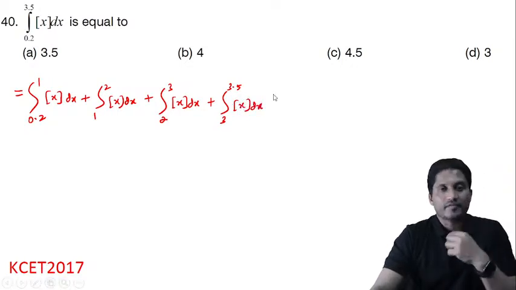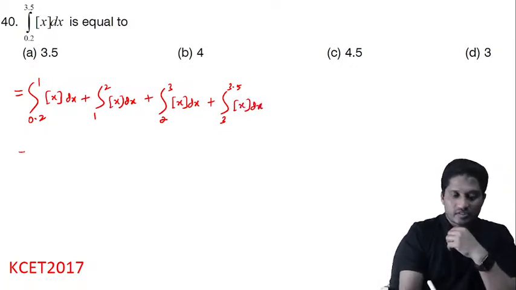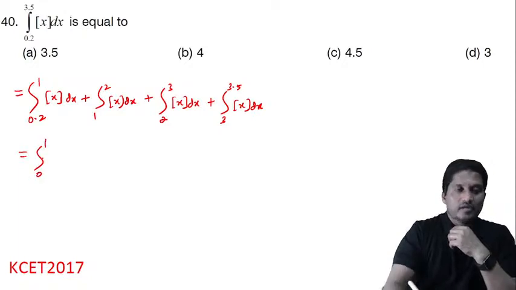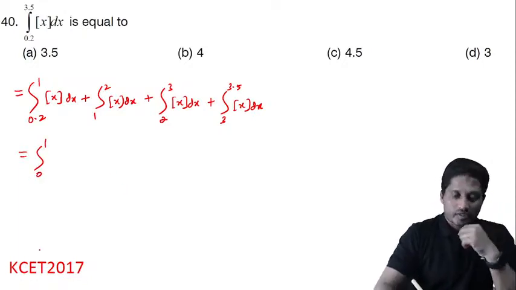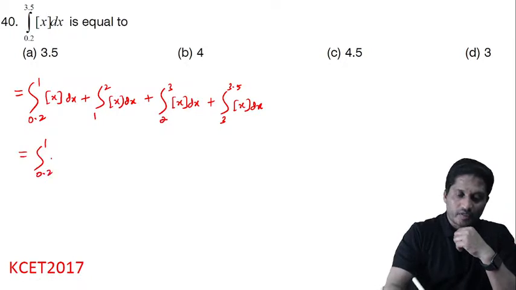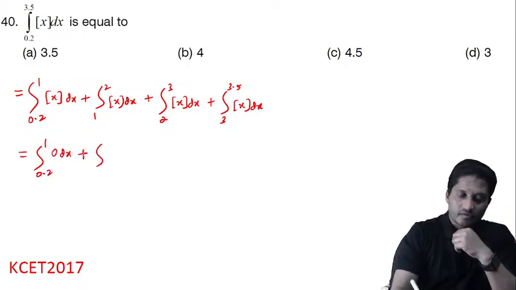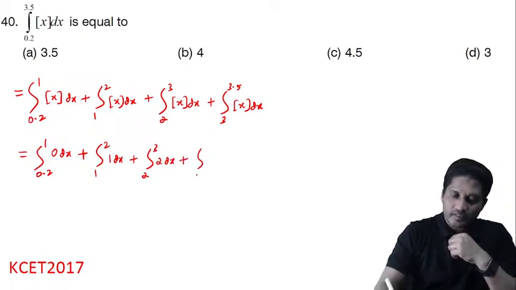Now let me check the values of box x in this integral. Between 0.2 and 1, box x is 0. Between 1 and 2, box x is 1. Between 2 and 3, box x is 2. Between 3 and 3.5, box x is 3.